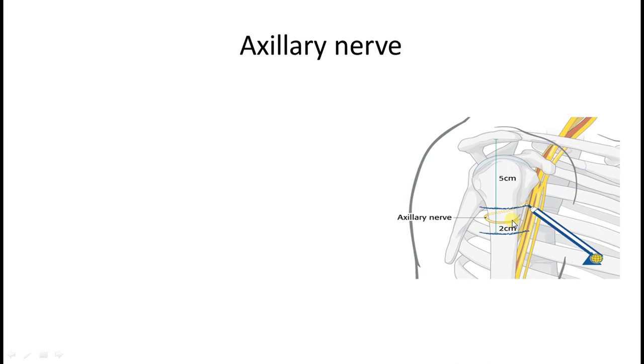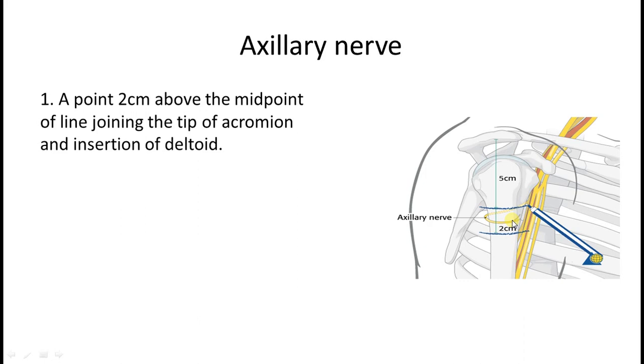The marking is 2 centimeters above the midpoint of the line joining the tip of the acromion process and the insertion of deltoid. So you take the midpoint of the acromion and the deltoid.